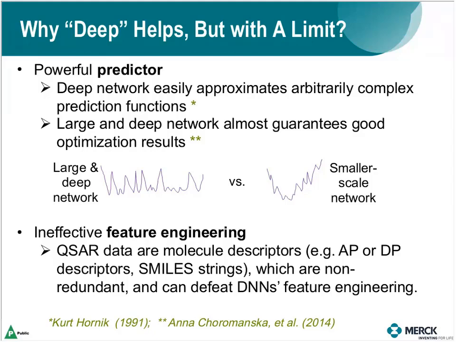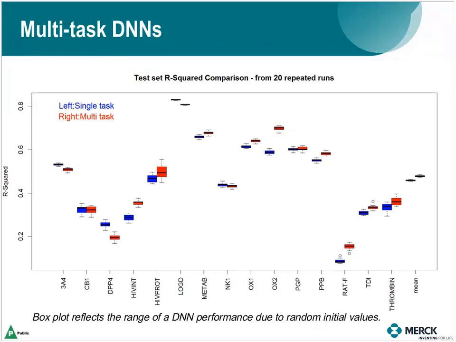So the next topic is about why the multitask deep neural net works. What we are showing here is 15 tasks put into the computation. The blue box is the range when you train a single network for this problem.